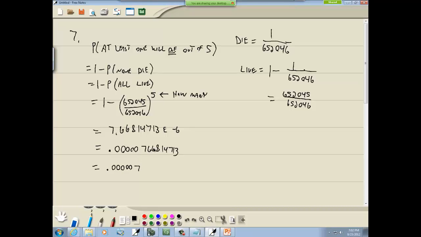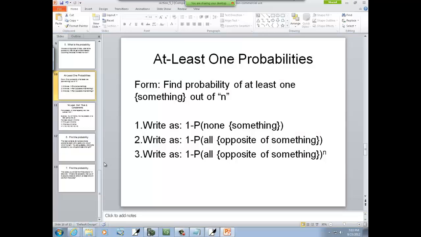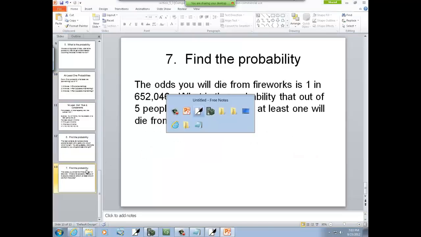I'll take it out to 4 significant digits. I don't like how some books will automatically just round to 4 decimal places. It's better to go with significant digits. With significant digits, you ignore those leading zeros. And I think that's the last problem. Yes, it is.